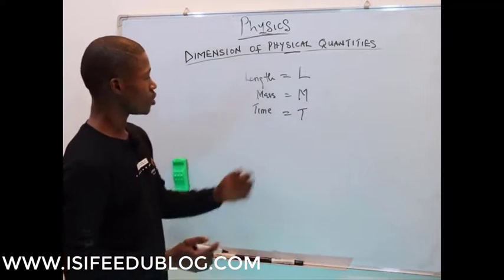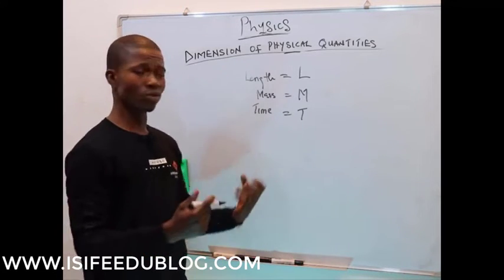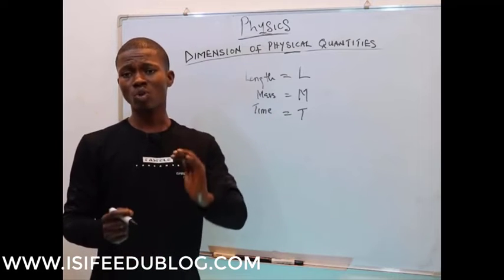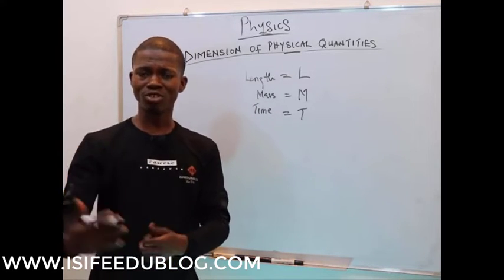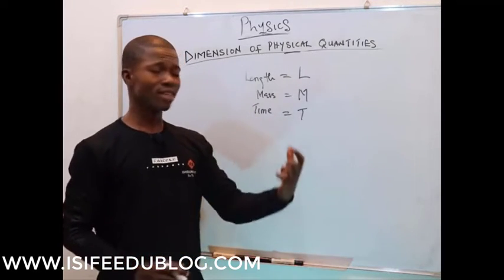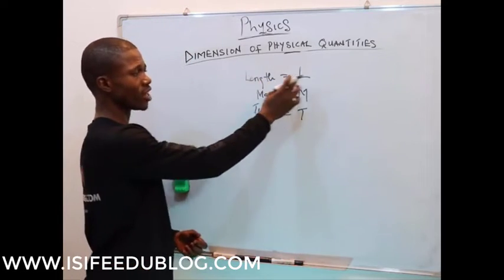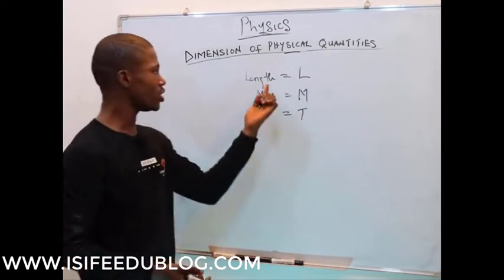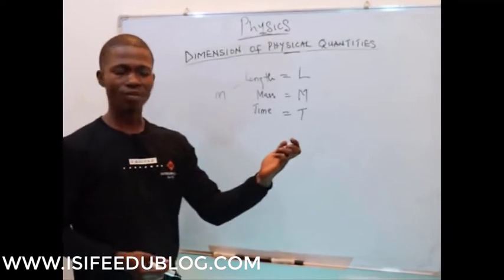I normally like to clear this confusion that students have. They usually mix up dimension with units. When you ask them to get the dimension of anything, they go ahead and give you the unit. Let me use length for example. The dimension of length is L, and the unit of length is meters.